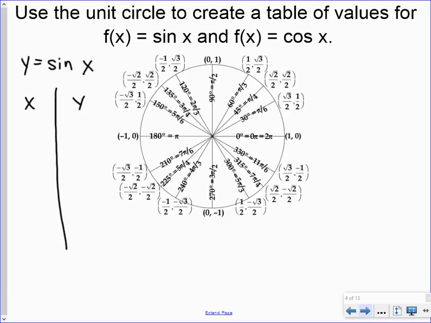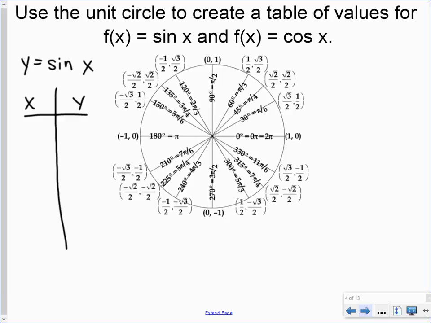And I could create an xy table from the unit circle, where x is what I'm putting into sine, so it represents angles, because you take sines of angles, and then y represents what I get out for the sine. Thinking about the unit circle, if I want to find the sine of an angle on the unit circle, I look at what?